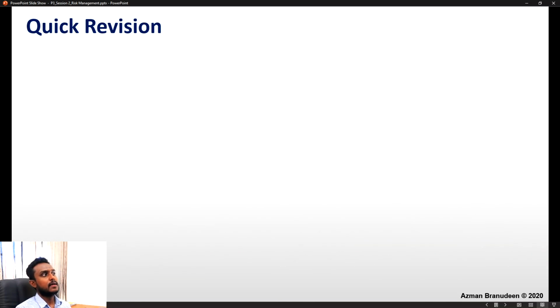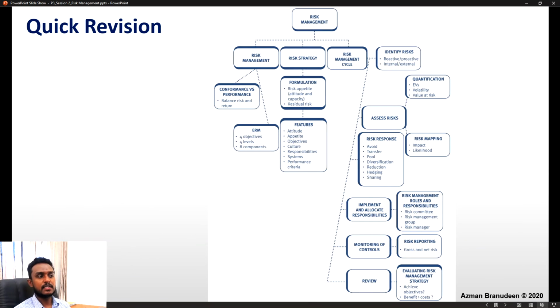And that marks the end of the risk management segment. We looked at a number of important things here. We first understood what risk management is, the mix of conformance versus performance, and started by looking at enterprise risk management by COSO. Then we looked at risk strategy, the various keywords that you're supposed to have an understanding of, and the features of a good risk management strategy. Then we started looking at the risk management cycle.